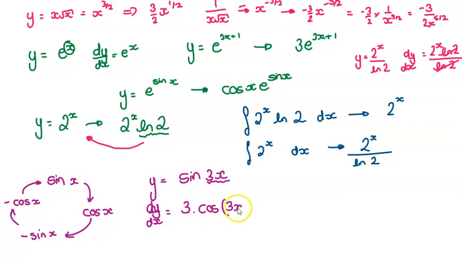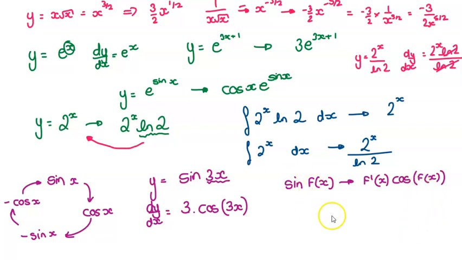So this angle, the 3x, stays the same, but we differentiate it to get that 3. So if we've got sine of f of x, some function of x, then that goes to the derivative of that function, and then sine goes to cos, so it's cos of that function, f of x.